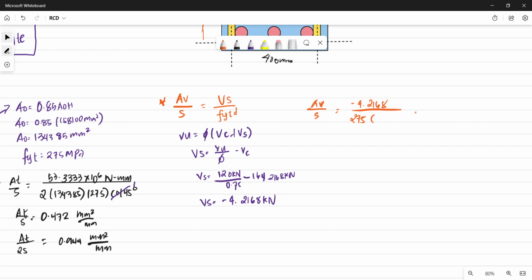So this is times 10 raised to 3 Newton. Your D is 540. AV over S is equal to negative 0.0186 mm squared over m.